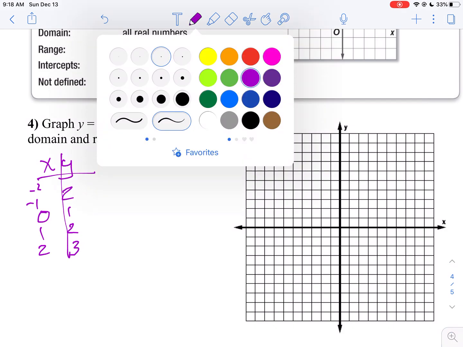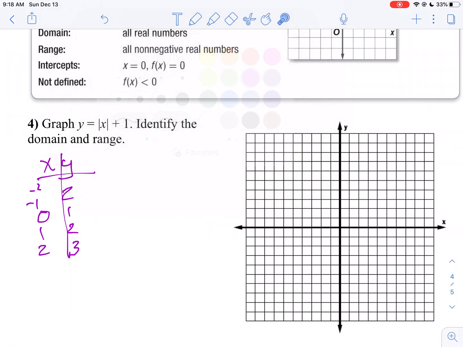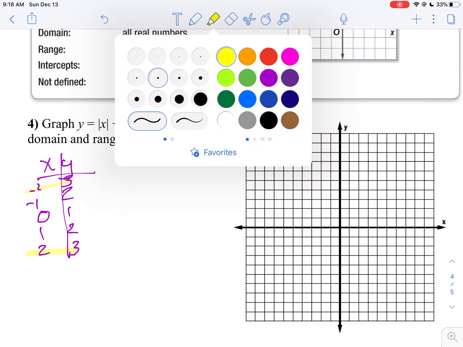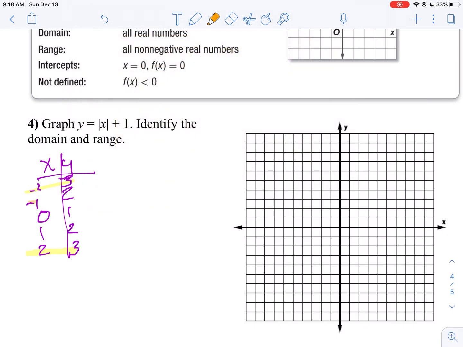And the absolute value of -2 is +2. 2 plus 1 is 3. Notice how your values are symmetric around your vertex, around 0. That is, -1 has the same value as +1.